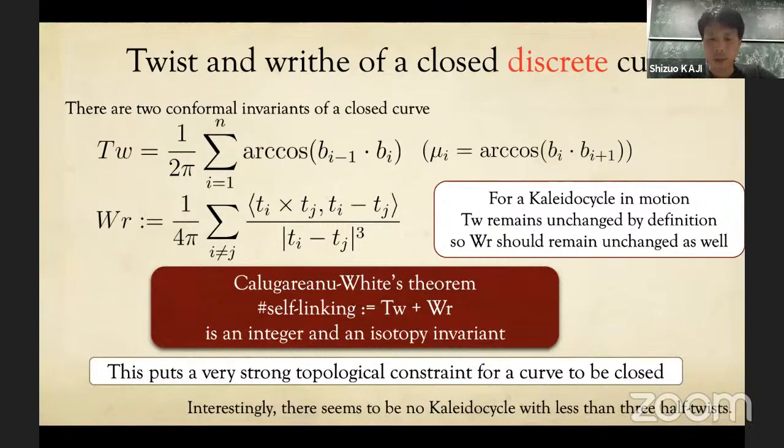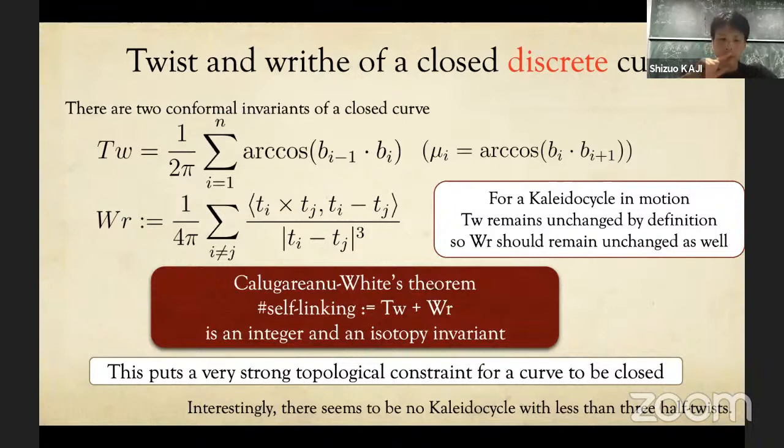What I wanted to say by introducing these invariants is that for a curve or discrete curve to be closed requires a lot of things. I mean, there is a very strong topological constraint for a curve to be closed. For example, a space curve is specified by curvature and torsion, which is the result of the classical Frenet-Serret theorem.